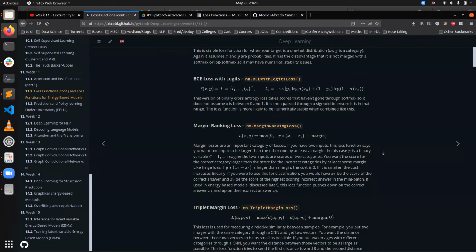So you take the score which is highest and wrong, and you want x1 to be greater than x2 by at least a margin, and your loss function is based on that. So if x2 is larger, your loss will be higher, and if x1 is greater than x2 by the margin, then your loss is 0.